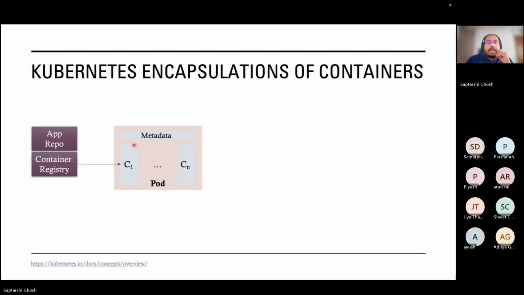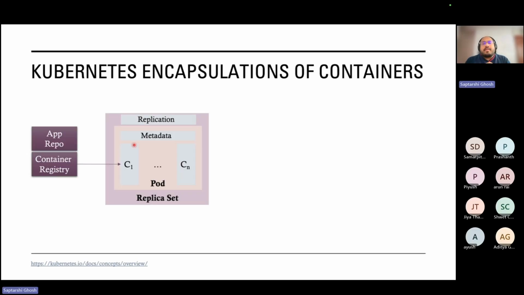Now the problem with a pod is, this is the lowest possible execution environment we can get into, or the unit of execution for Kubernetes. But some features it doesn't support. One of the features is replication. Replication means, if I deploy one pod and I want to scale this pod, let's say n times.